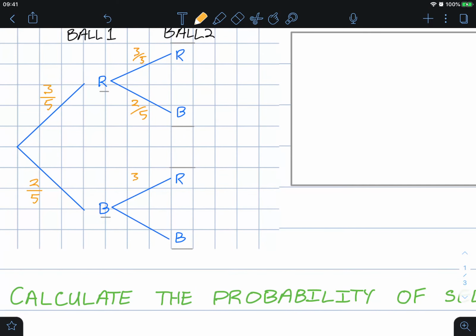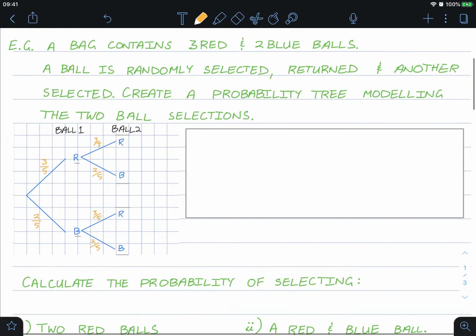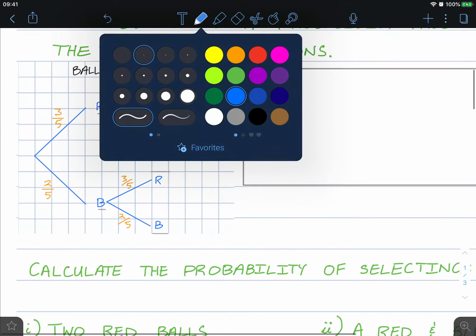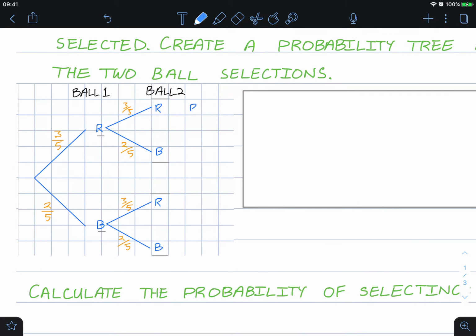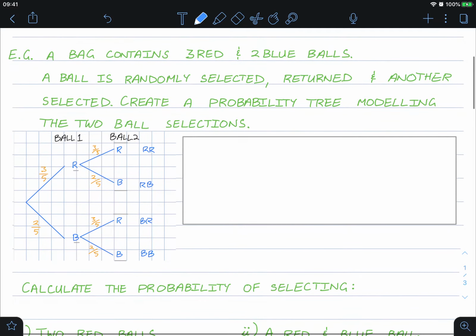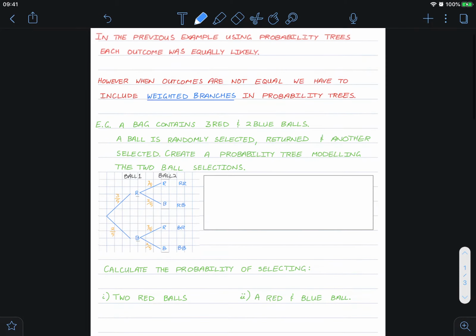We complete this for this as well. 3 out of 5, 2 out of 5. And just to finish this off, we can write down red, red, red, blue, blue, red, and blue, blue. And that is a completed probability tree.